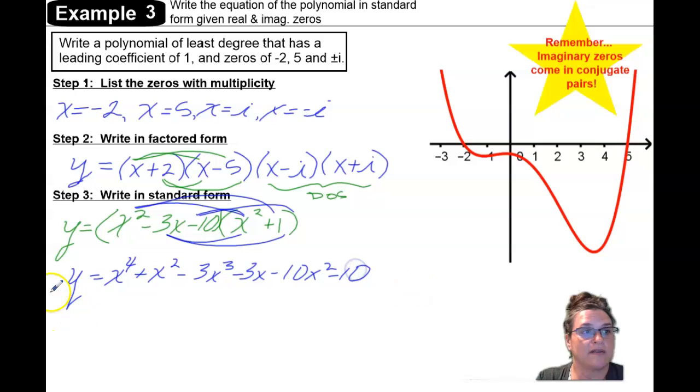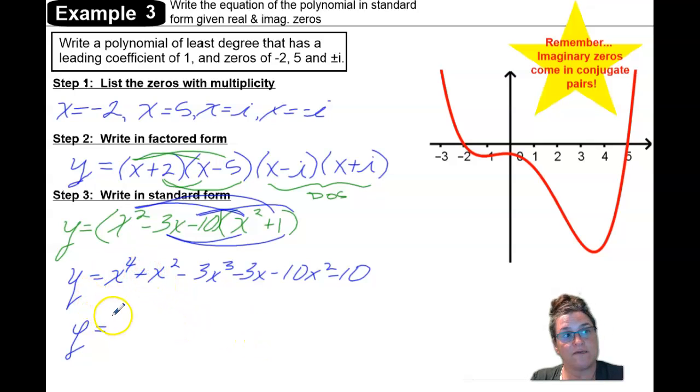So in our last step to put this into standard form, we just need to combine like terms and rewrite this in order of decreasing exponents. So we've got x to the 4th as our first term, and then negative 3x to the 3rd power. That's our cubic term. Okay, then we have an x squared and a negative 10x squared.